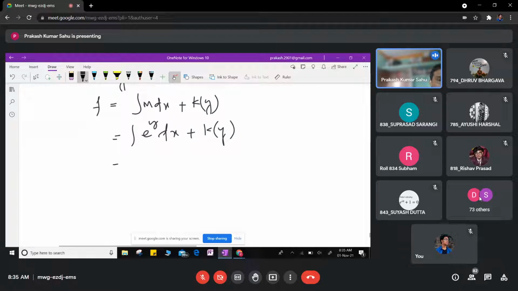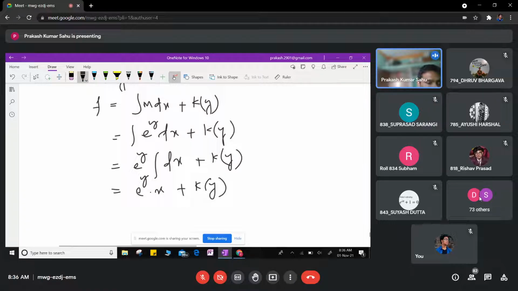So when you integrate e to the power y with respect to x, y is a constant, so taking e to the power y outside, this is the integration of dx only, plus k of y, which is e to the power y into x plus k of y. Got it?